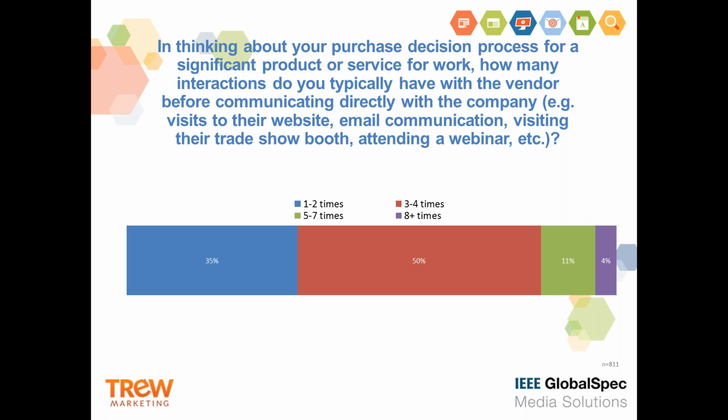Interactions could be defined as visits to their website, emailing them, visiting a trade show booth, or attending a webinar. Here we see that 53% of engineers have an average of 3 to 4 interactions with the vendor before communicating with them directly, while 15% have 5 interactions or more, and a third have 2 or more interactions.